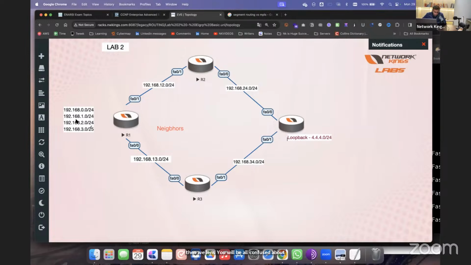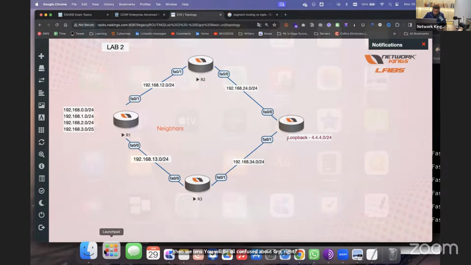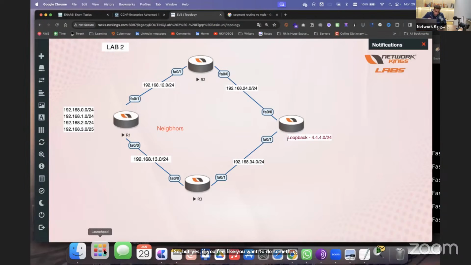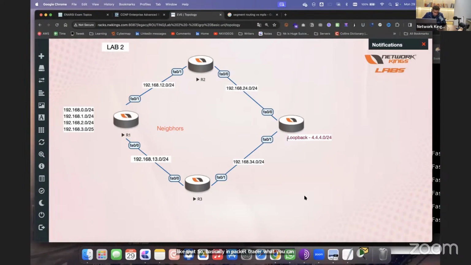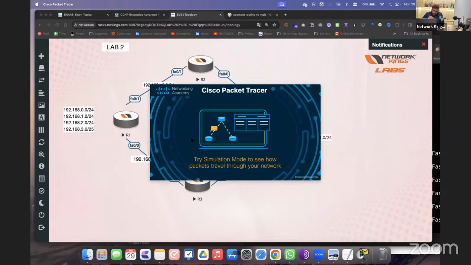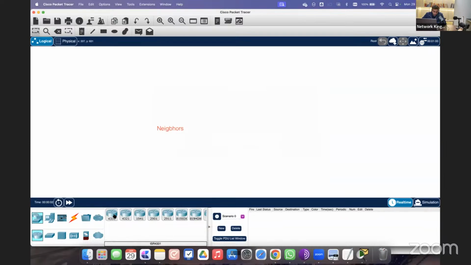But yes, if you feel like you want to do something like that, let me tell you what you can do in Packet Tracer. Okay, so if you want extra practice, what I recommend is you take 4 routers, like 1, 2, 3, 4. You connect all of them together.